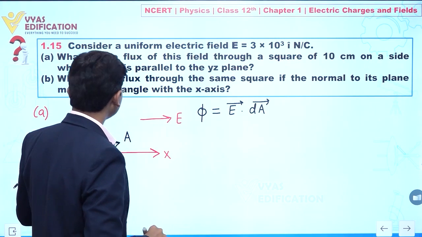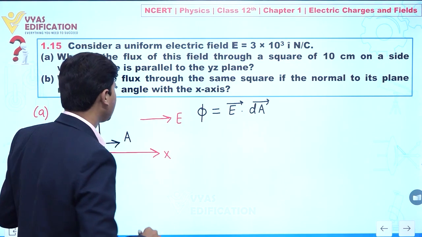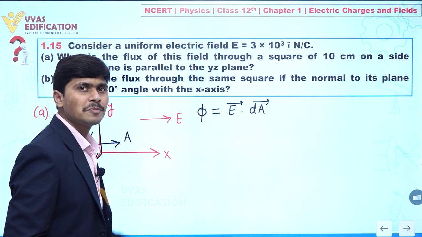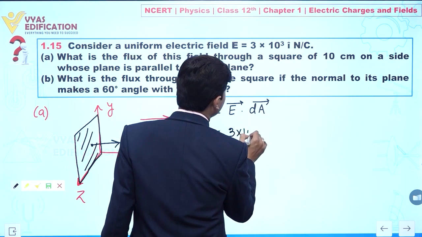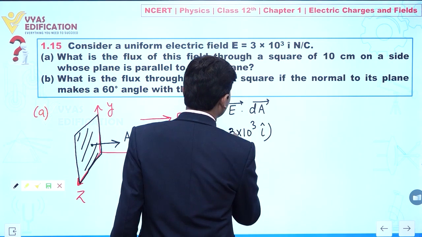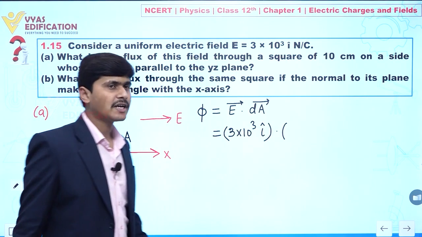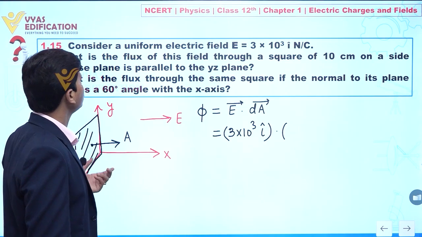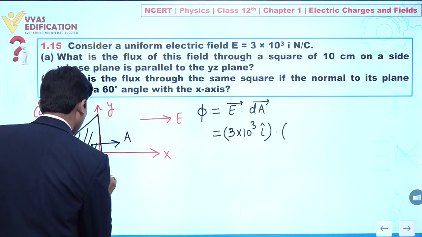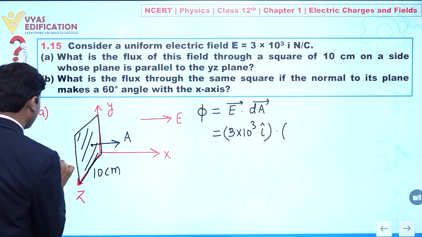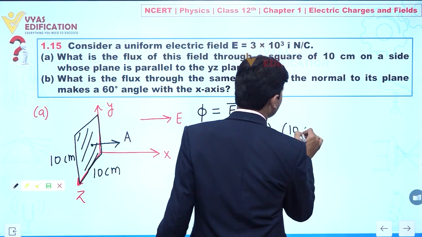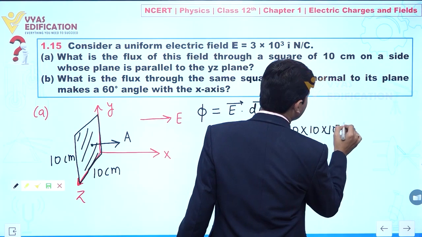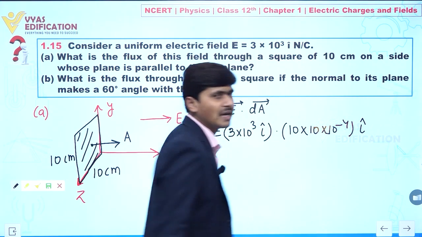Clear? Now in this situation, in part A, we can see the electric field and area vector are both in the same direction. So we can write 3 into 10 to the power 3 i cap, dot the area vector. The area vector is given to you, this side is 10 centimeter and this one is also 10 centimeter. So we can write 10 into 10 into 10 to the power minus 4, also in i cap.